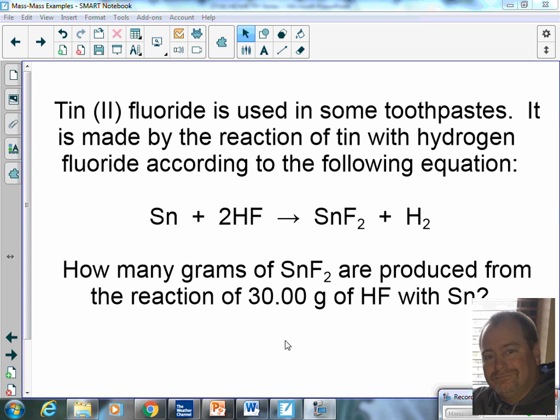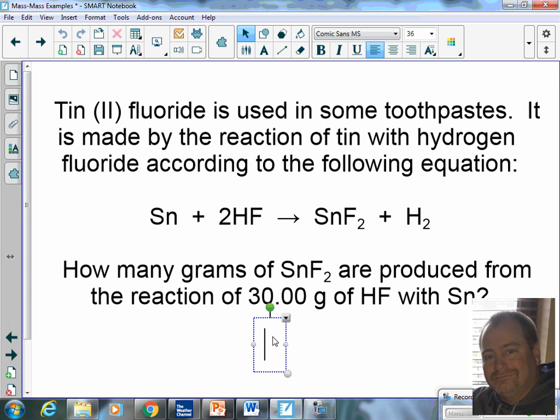It is made by the reaction of tin with hydrogen fluoride according to the following equation. Sn plus 2HF yields SnF2 plus H2. How many grams of SnF2 are produced from the reaction of 30.0 grams of HF with Sn?